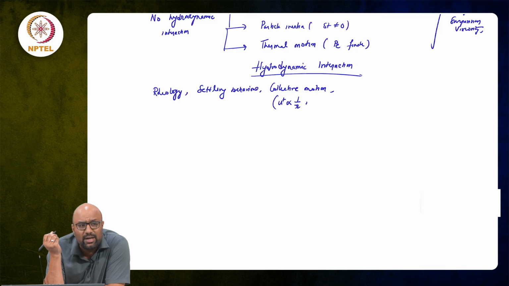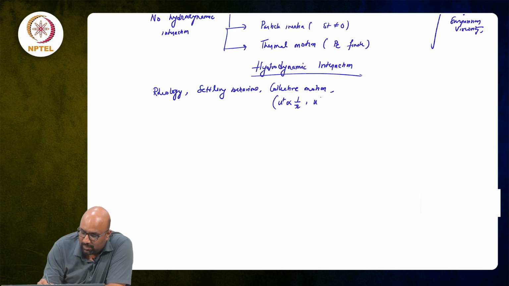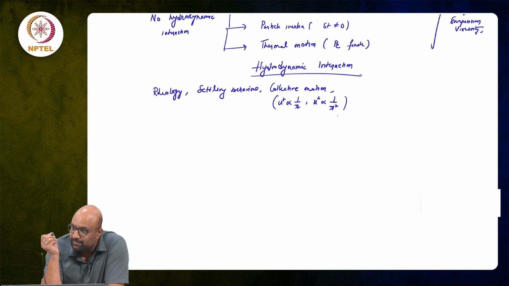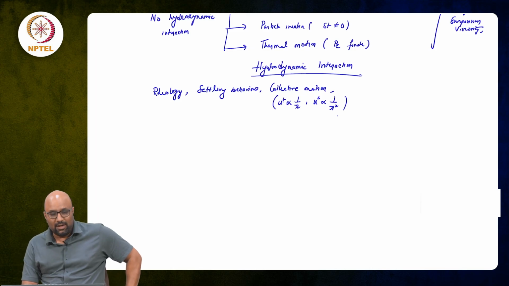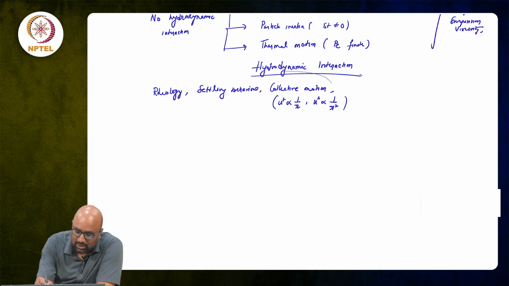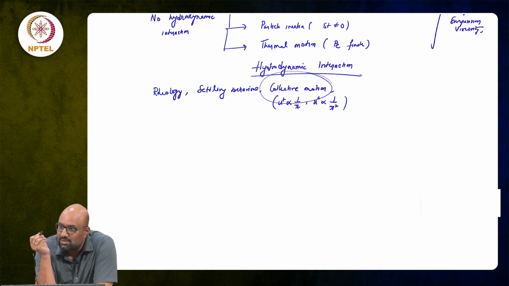So, it is a very slow decay. 1/r is not a very rapidly decaying function. If it was a neutrally buoyant particle in some linear flow, then that decay was 1 over r square. So, when you have such a long range velocity field for particles, that can lead to a collective behavior where they can talk to each other even though they are sufficiently far apart, because the velocity field is decaying off in a really slow manner.